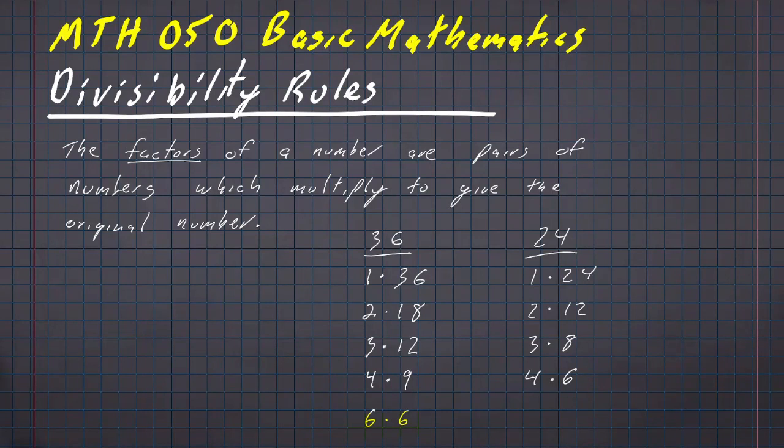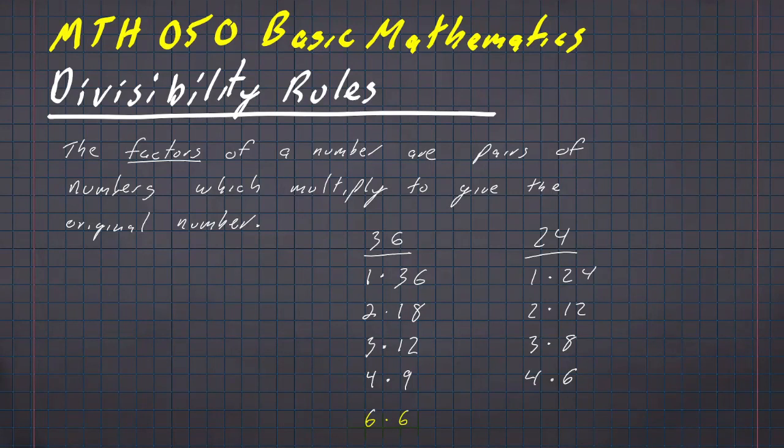We try 5. 5 times 5 is 25, which is not 24. 24 is not divisible by 5. The next number after 5 is 6. And because 6 is already on the list, we don't have to try it. As soon as we go through the list and get to the next number that is already on the list, even if it's on the other side, that's another sign that we are done.